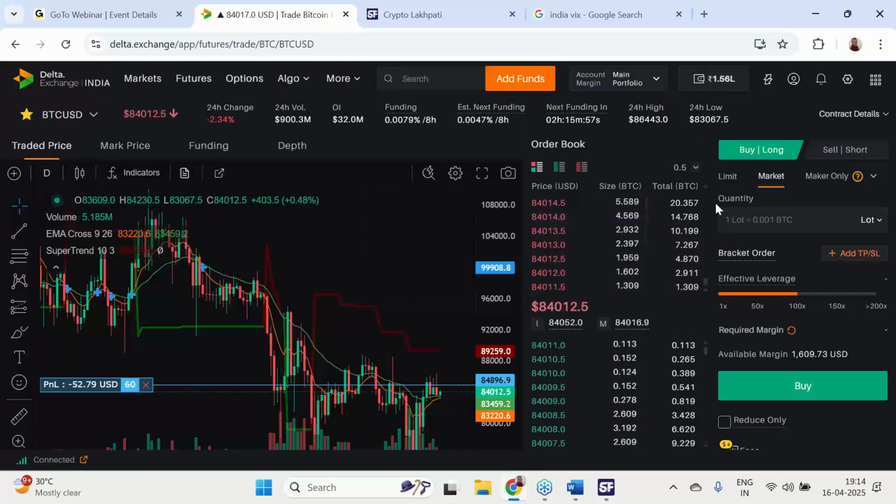Similarly with option strategies. Often people ask, why are you not naming a strategy? Why are you not saying this is such-and-such strategy? Give a name. So straddle, strangle, condor, butterfly, like this you have 32 strategies.